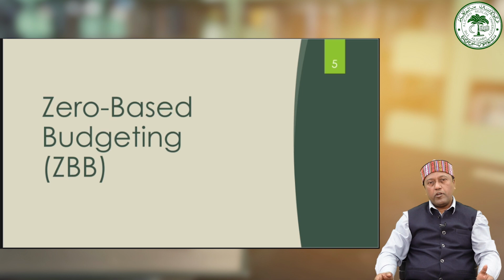But anybody who is more innovative and wants to do something new for the organization will definitely go for the zero-based budgeting system, because it gives you a chance to plan altogether fresh every year, come out with new programs, devise strategies, tell me the alternatives, see which is more efficient, more economical, more cost effective, do the cost-benefit analysis, and then tell me that this is going to be good for the organization. It will be economical and most beneficial also.